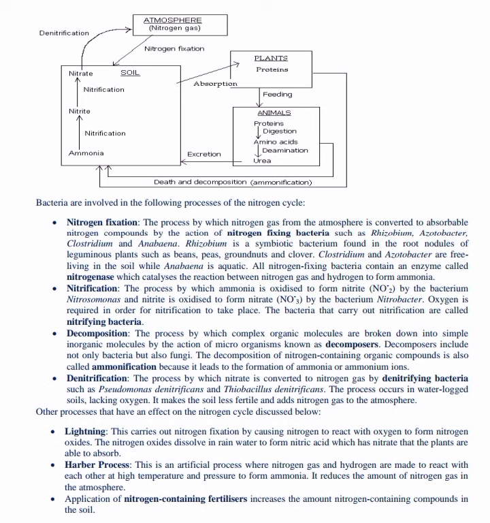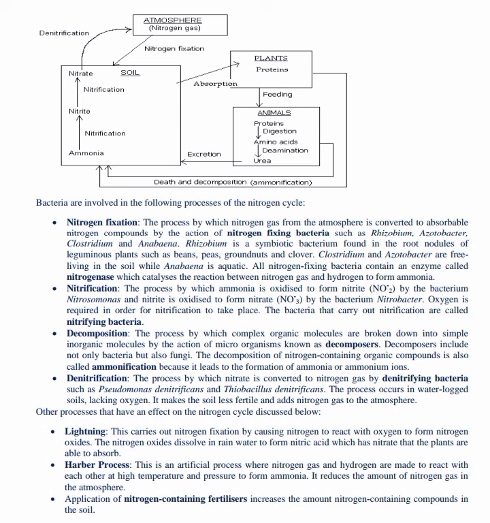That's why these plants that I've mentioned here are a very good source of proteins. They have nitrogen fixing bacteria which are able to convert nitrogen in the atmosphere into nitrogen in the soil, right? In plants.